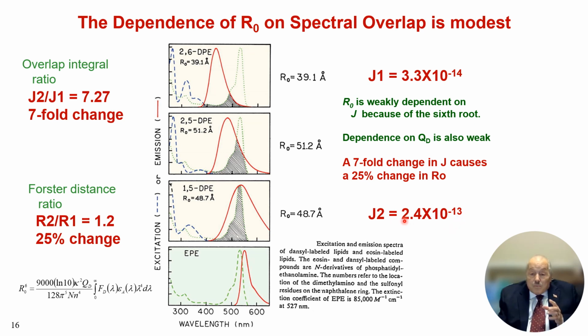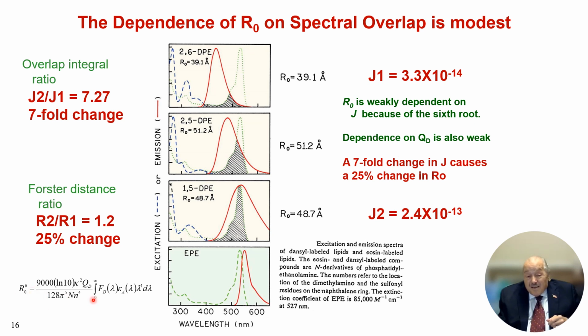So what has happened here? Looking from the top one to the third one, the change in the overlap integral has been 7-fold when you calculate them. But because you're always taking the 6th root of the overlap integral, this is R0 to the 6th.